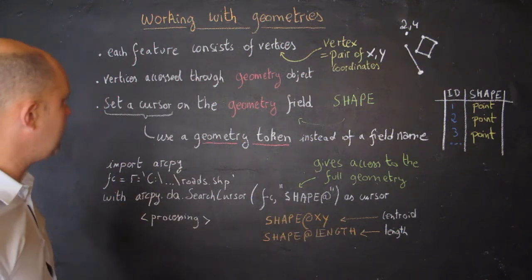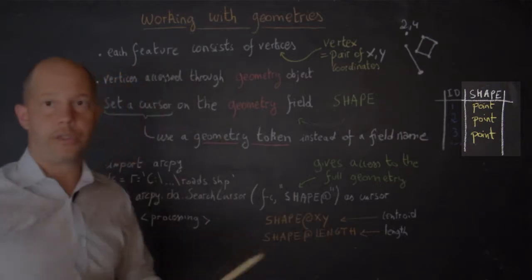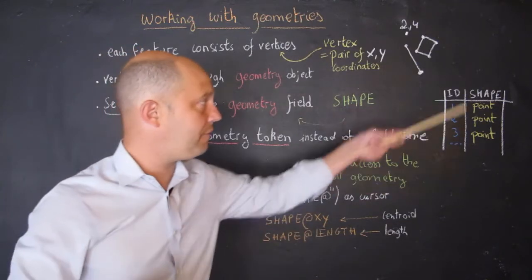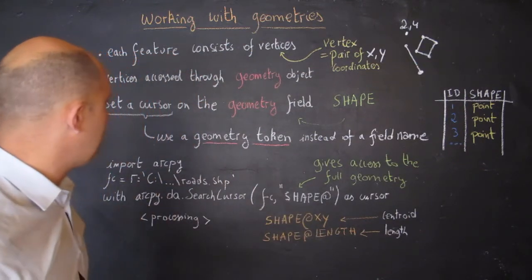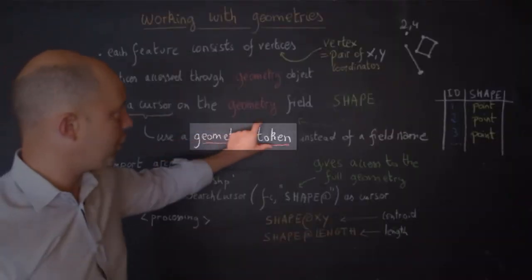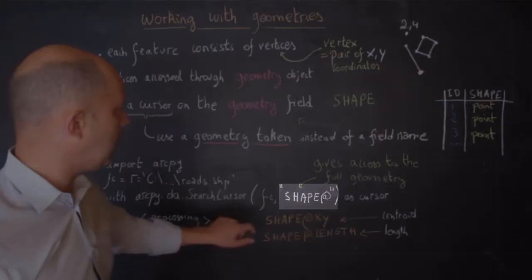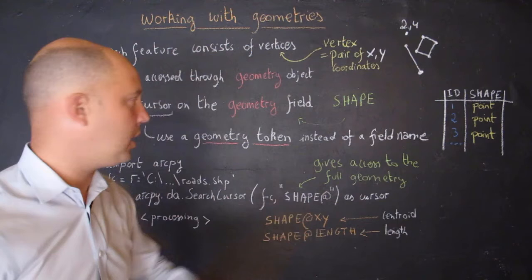So what you do, you typically set a cursor on the geometry field shape. Now you can put a cursor on more than just that particular field. If you want, for instance, the ID, and if you had other attributes, then you could put the cursor onto more fields. And in order to access, we use a geometry token instead of the field name, and that is typically shape add. That's the token. Instead of just writing shape, we say shape add.